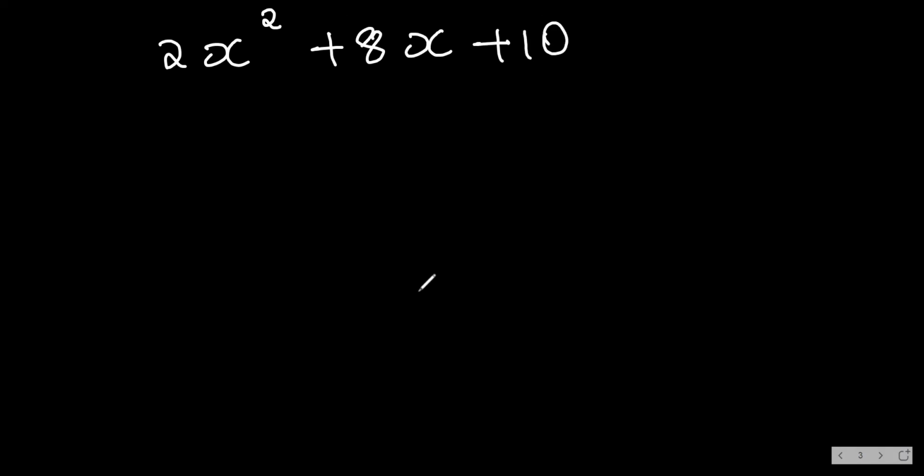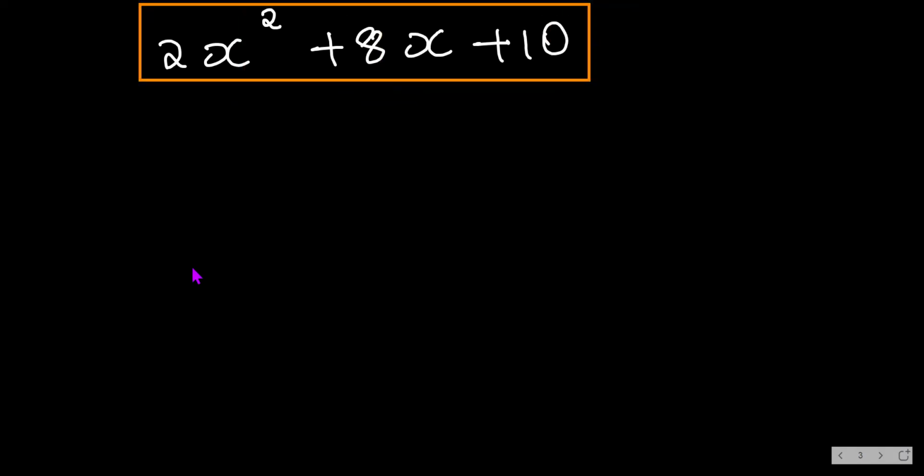This is the expression that is given to us in this case. They say to us we have 2x squared, which is added to 8x, and this is added to 10. All right? That is the expression we are given.